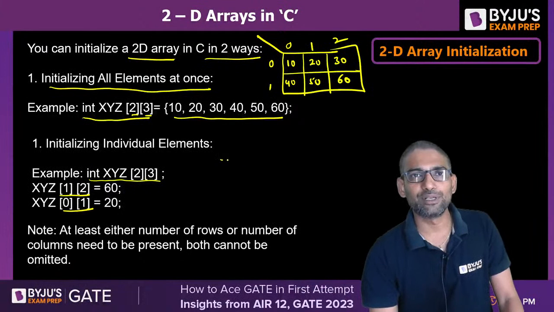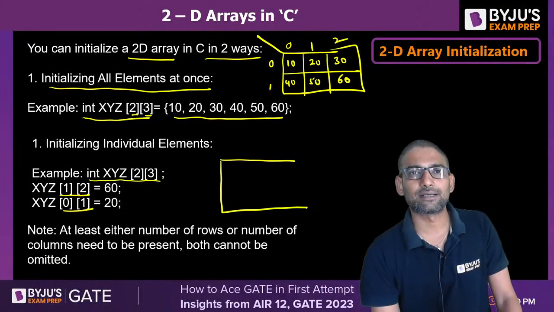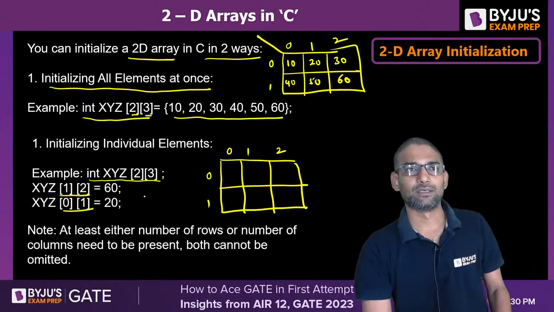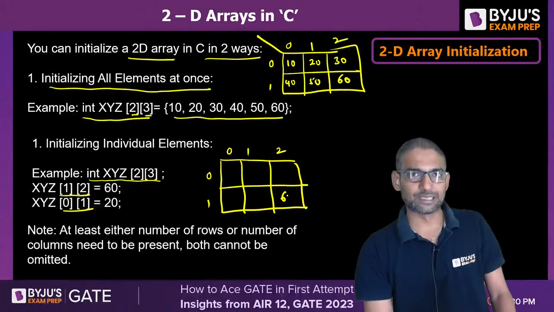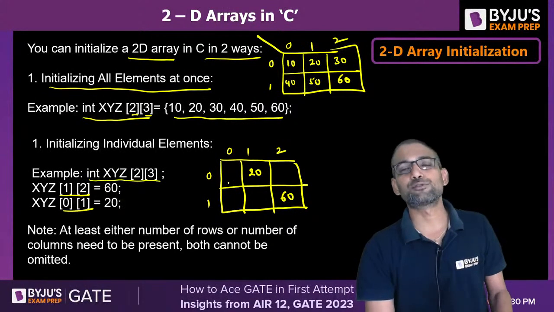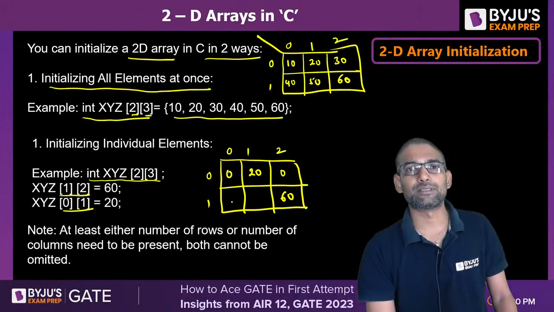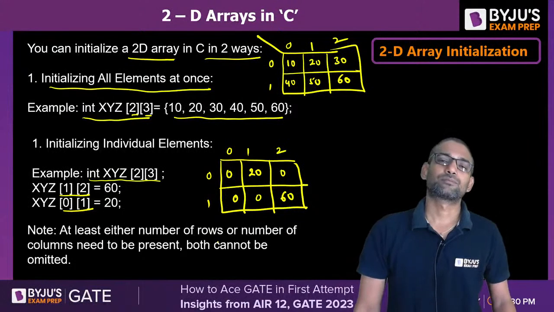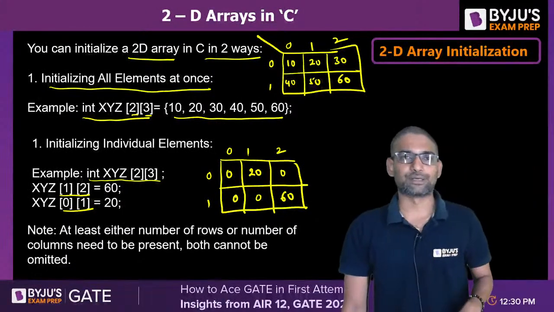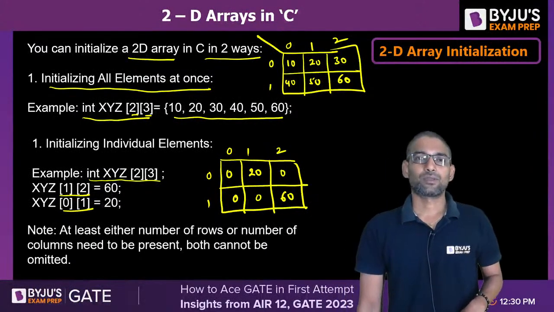Or you want to initialize selected elements, not all the values. Then only those will be assigned. So 1, 2 value would be 60, 0, 1 value would be 20. Other values by default would be zeros. Or if you give some value, that value will be overwritten. Okay?